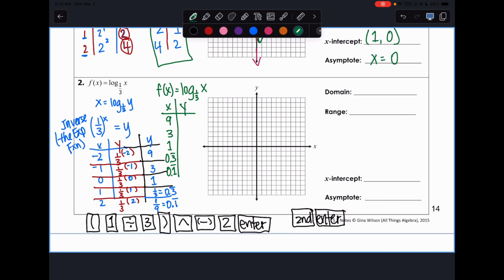Y values, I'm going to put all the x values right in place. Okay, and then you're going to graph (9, -2), (3, -1), (1, 0), (1/3, 1), and (1/9, 2).